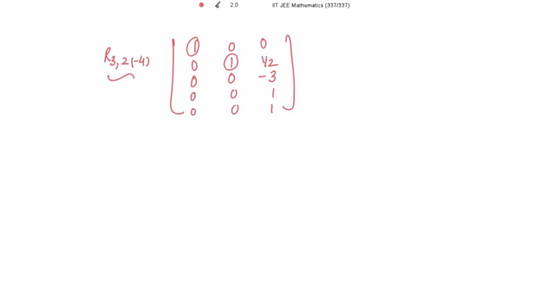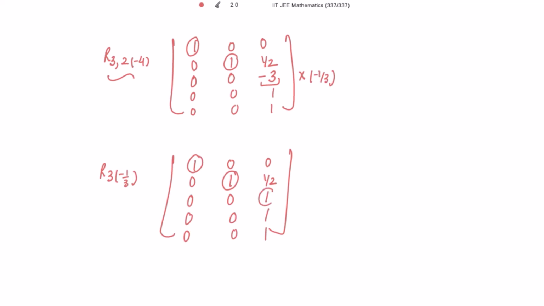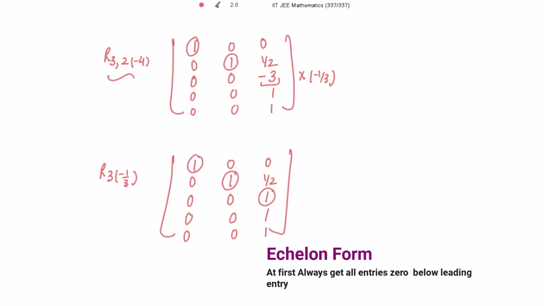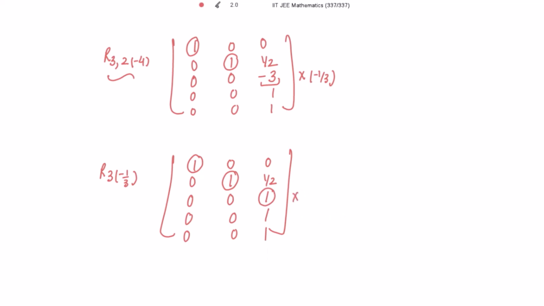Next step, getting the leading entry of row 3, that is -3. I need to make this 1 first. So just multiply the elements of row 3 with -1/3. So now for the third row also we are getting 1 as the leading entry, right? Let's make these 2 entries 0 now. For that, multiply row 3 with -1 and add its elements to row 4.